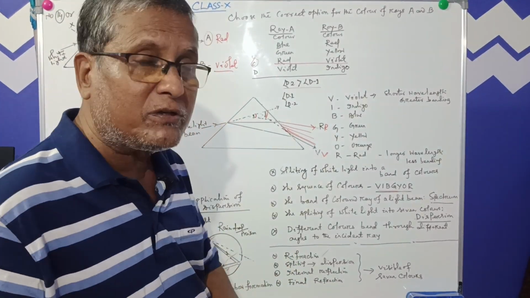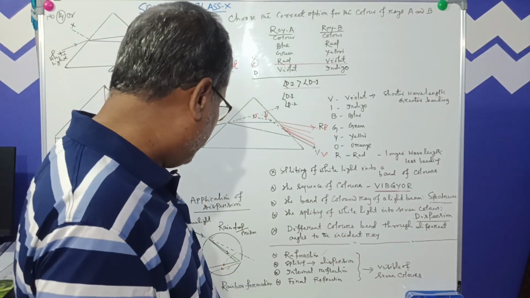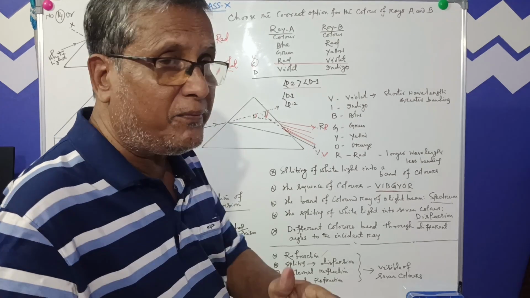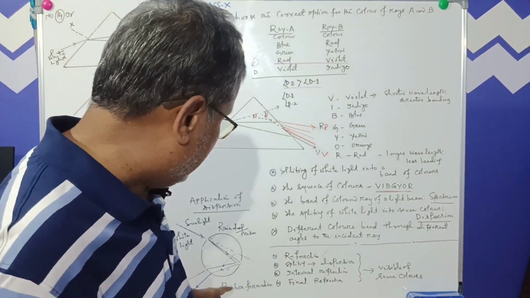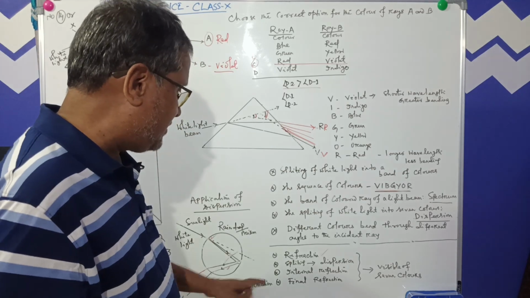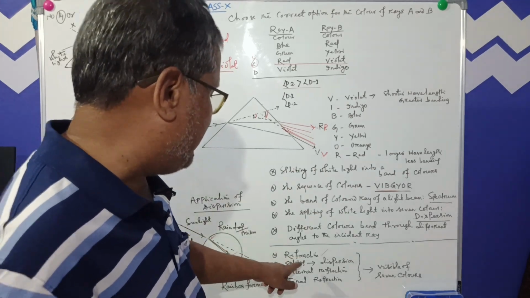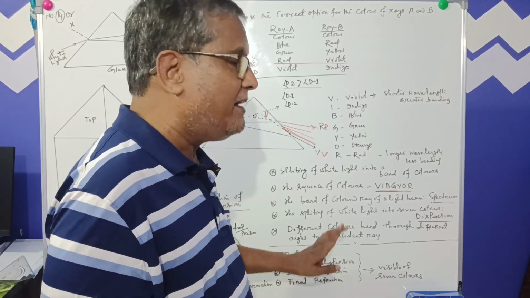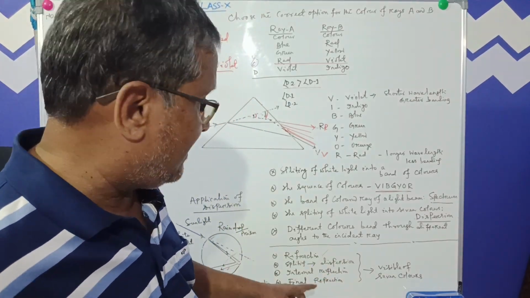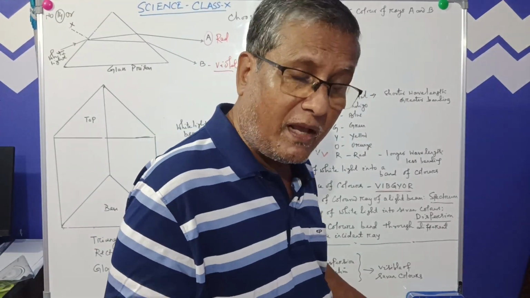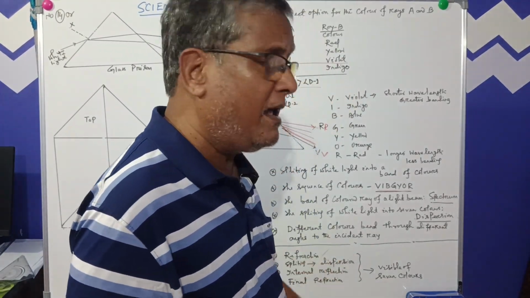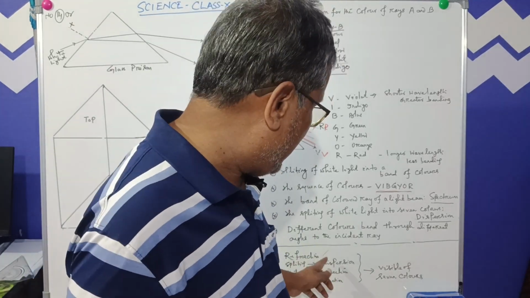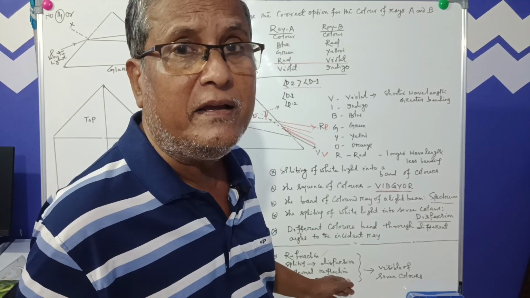Then internal reflection of the colored rays inside the sphere. Then the final refraction. So number one, refraction, then dispersion, then reflection, then refraction. This is the order, and these are the phenomena that take place in order as stated here.